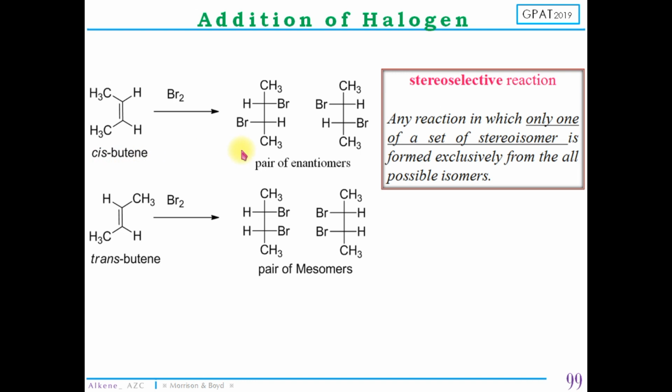Cis only gives enantiomers while trans only gives the meso compound. In trans alkene we are not getting enantiomers, only the meso compound. So only one set of stereoisomers is formed exclusively from all possible isomers. So this reaction is a stereoselective reaction.